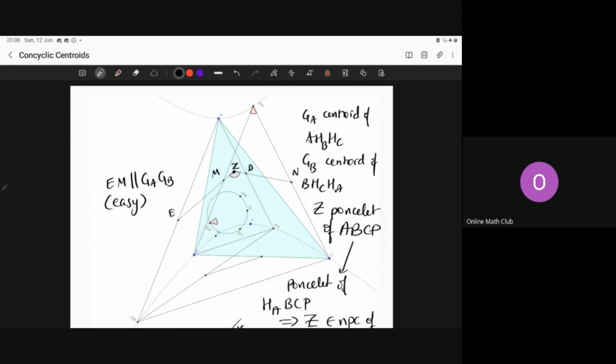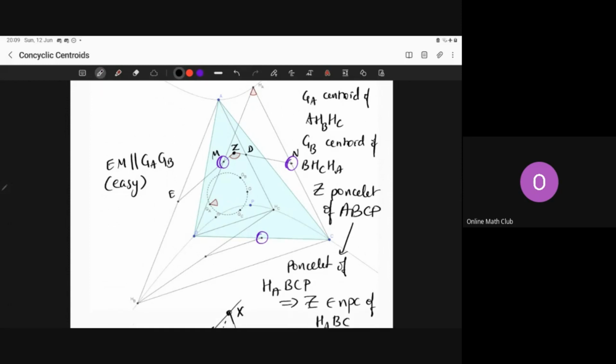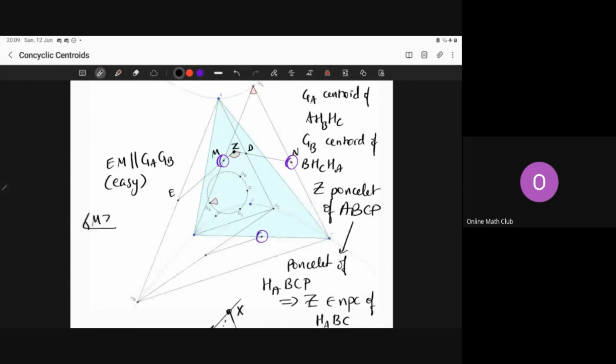The 9-point circle of HABC is the circle through these 3 points, M, N, and this point. So that will give us some angle condition on Z, that is, angle MZN equals, let's call this A prime, angle MA'N, which by the midpoint theorem is angle minus of angle MHAN.